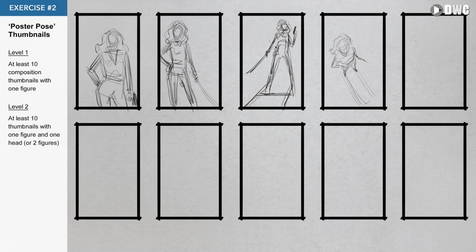Okay, what if we do extreme low angle? Oh, I like those. Those are always fun. Oh, I like this one. You can do it right under the chin. It's always a nice one.